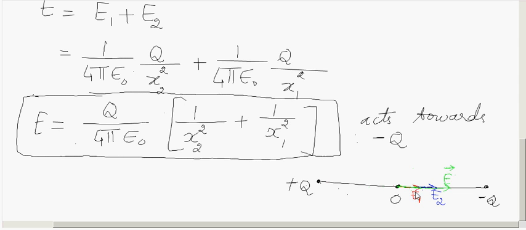The direction is important here: E1 is away from plus Q and E2 goes towards minus Q. Because E1 and E2 are in the same direction, the net field E can be obtained by vector addition.